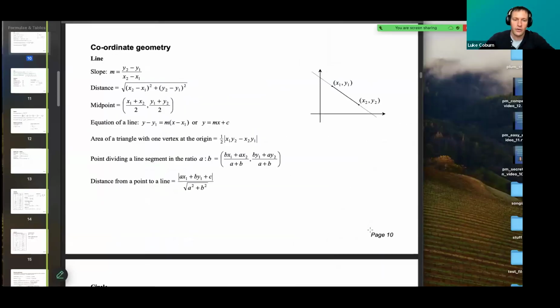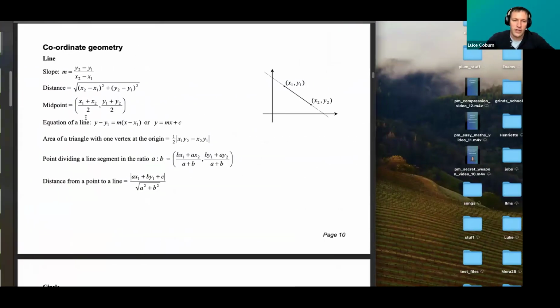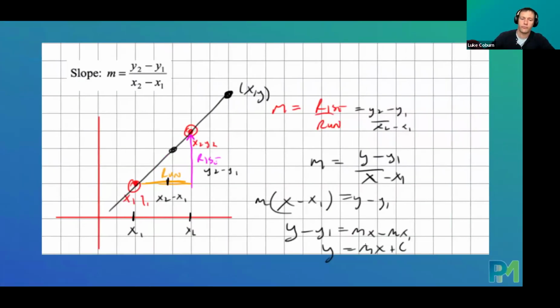So if we have a look at the equation of a line, we have this form, but we have a second form. This form is good for finding the equation of a line if you have a point and the slope. And the second one is good for when we're given, say, y is equal to 2x plus 5.